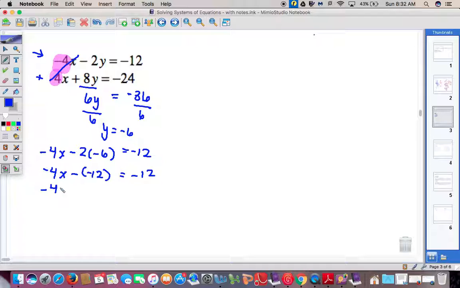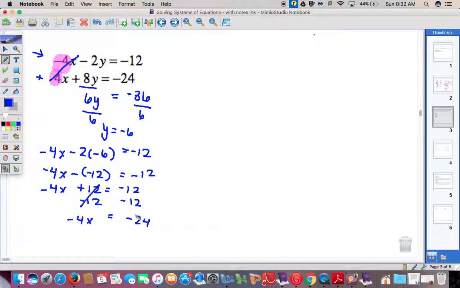So negative 4x plus 12 equals negative 12, because minus a negative becomes a positive. Then I'm going to subtract 12 from each side, and these 12s here cancel. So I have negative 4x equals negative 24, because negative 12 minus 12 is negative 24.